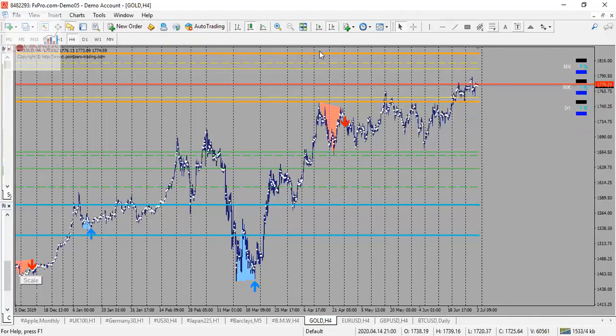But if not, price will just consolidate and then bounce back in a sell direction for any asset at those strong zones. I hope I was able to explain your point.